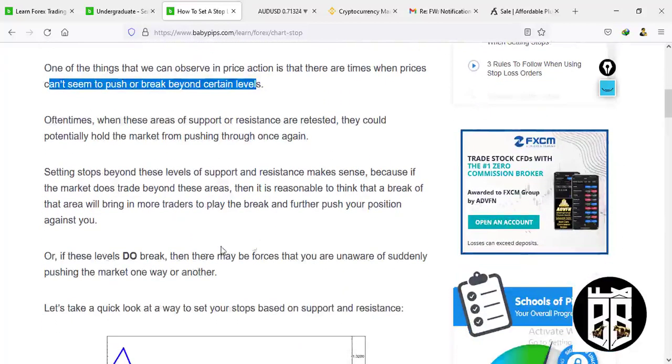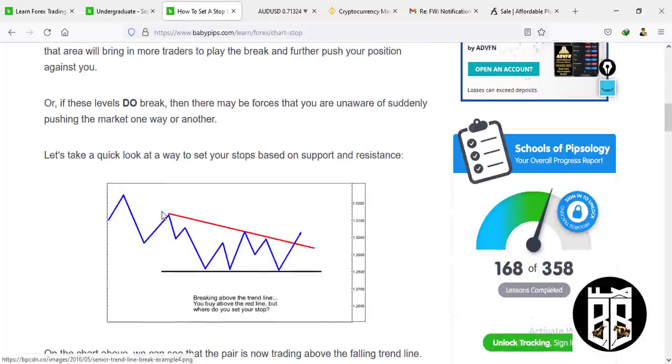So setting stops beyond these levels of support and resistance makes sense, because if the market does not trade beyond these areas, then it is reasonable to think that a break of that area will bring in more traders to play the break and further push your position against you. Or if these levels do break, then there may be forces that you are unaware of that suddenly are pushing the market one way or another.